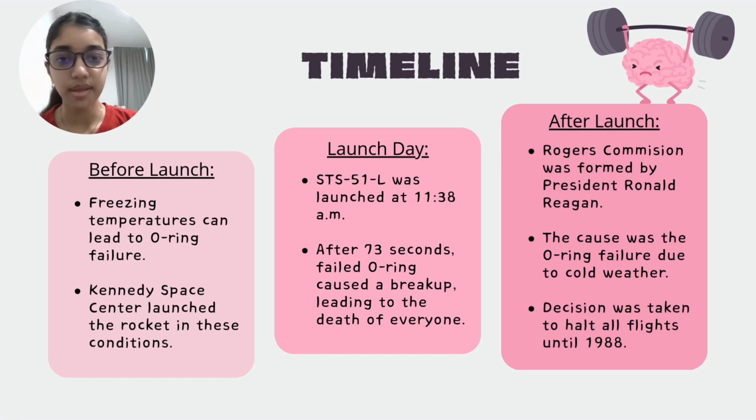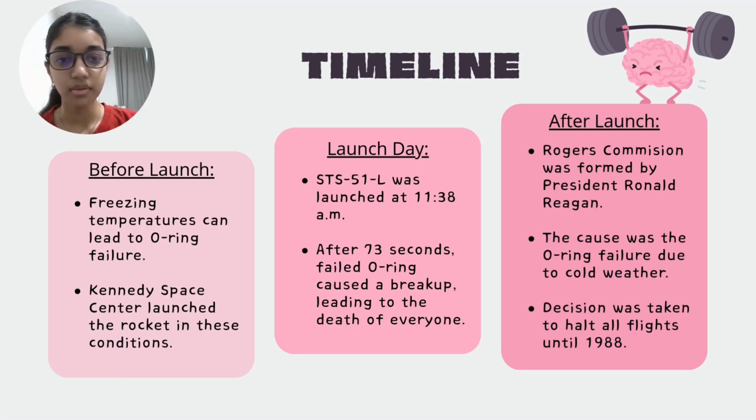Now let's look at the event timeline. Before launch, the freezing temperatures were expected to lead to O-ring failure. Still, the Kennedy Space Center launched the rocket in these conditions. On the launch day, the rocket was launched at 11:38 a.m., and after 73 seconds, the failed O-ring caused a breakup which led to the death of every crew member.